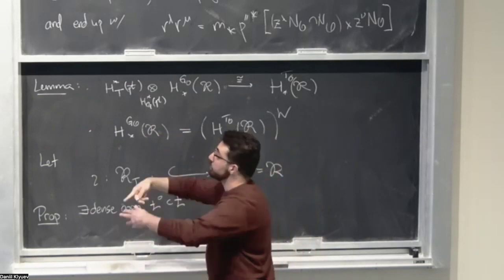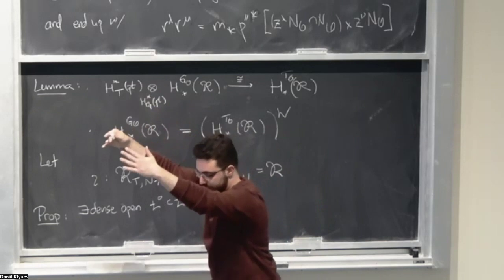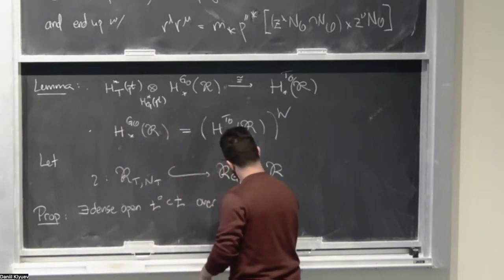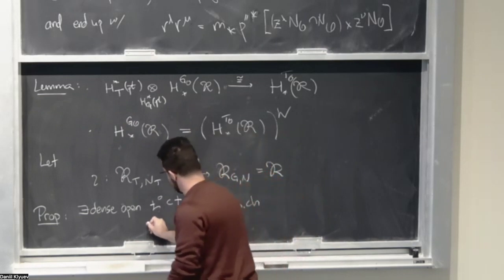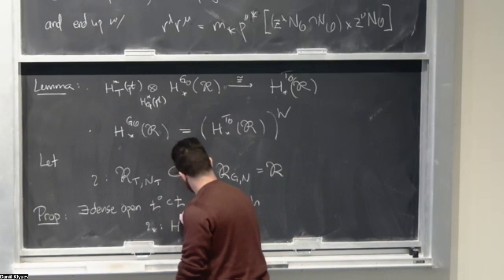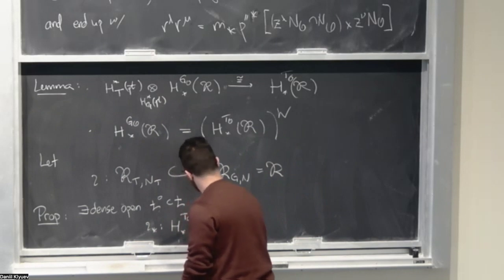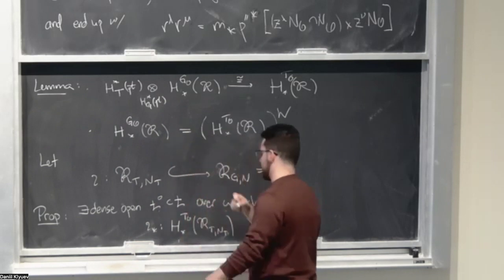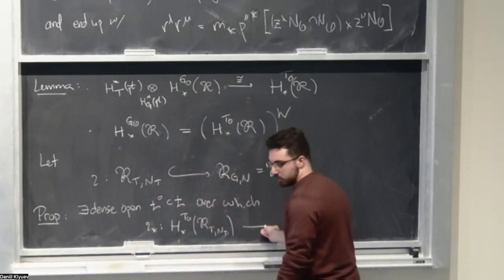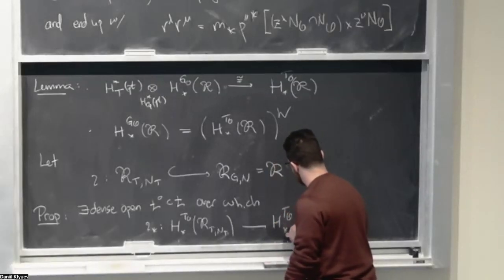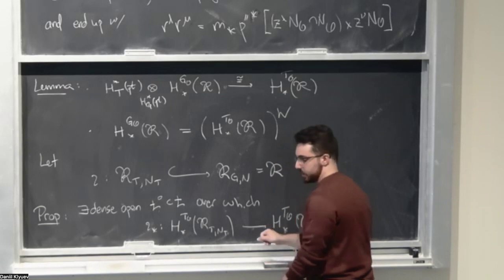So I take this dense open and look at the corresponding open upstairs, and over that, the push forward map by iota from T equivariant homology of R_{T,N_T} to T equivariant homology of R is an isomorphism.